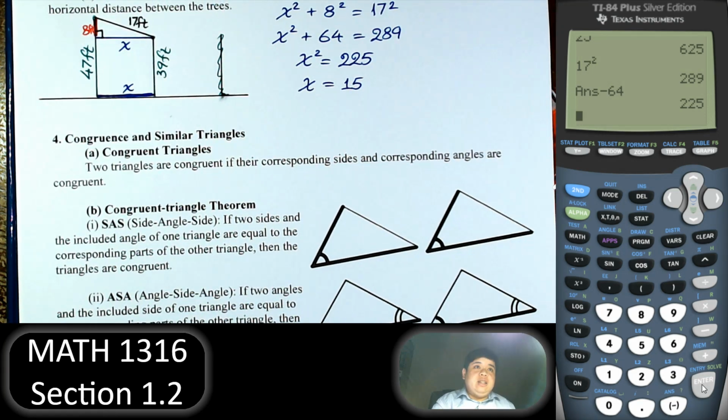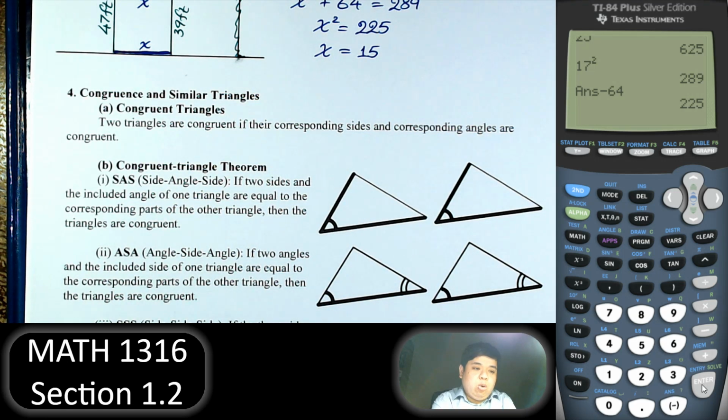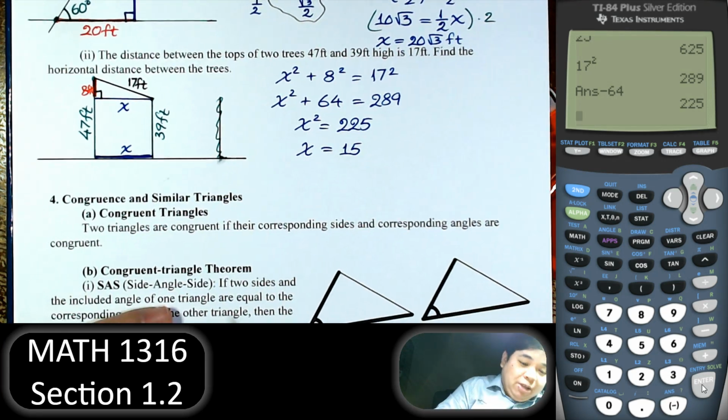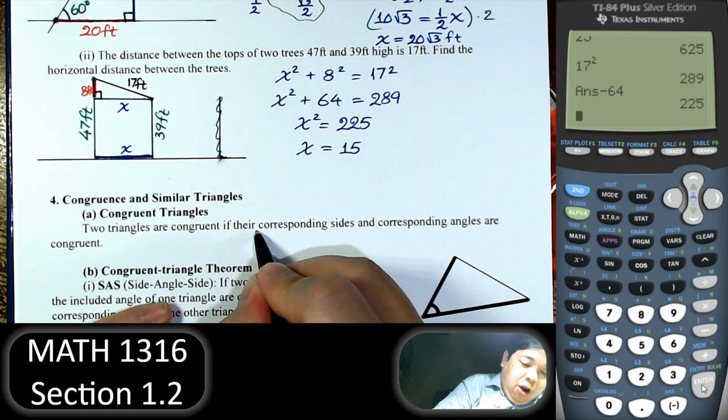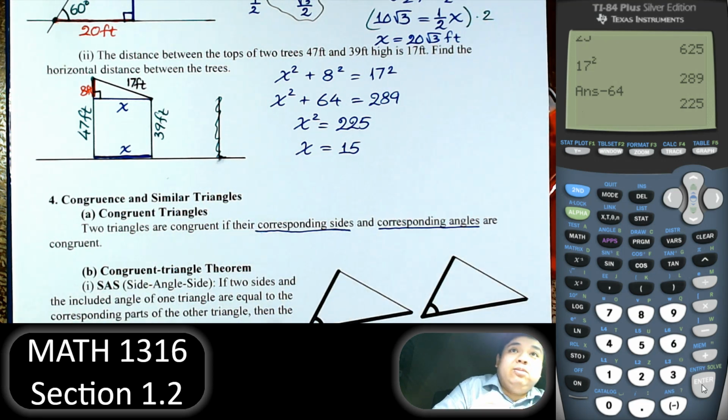Next, congruent and similar triangles. So congruent means, loosely speaking, equal. Meaning that they have the same size, that the corresponding sides are equal and the corresponding angles are equal.